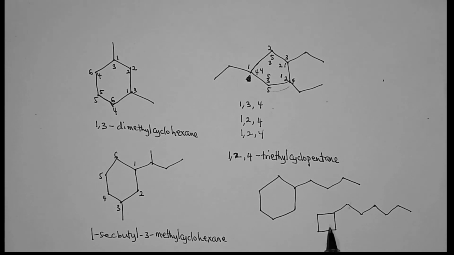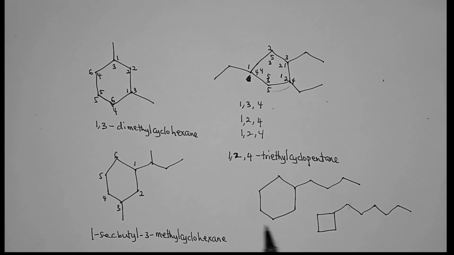Notwithstanding, if the number of carbons on the cyclic ring is less than the number of carbons on the straight chain, then you name the compound as a straight chain alkene, and then the cyclic ring becomes a substituent. So in this case, you see that there's 4 carbons in a straight chain, which is a butyl, and it is on carbon number 1.